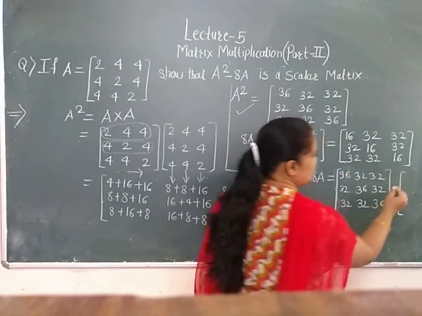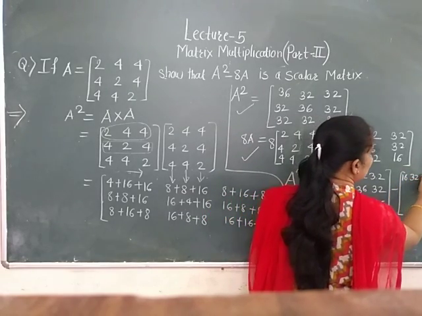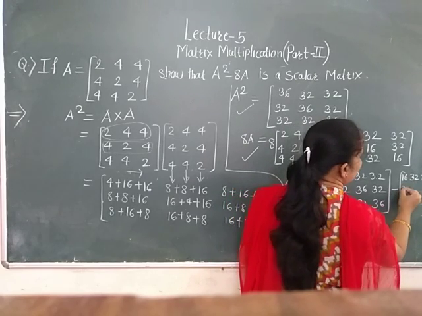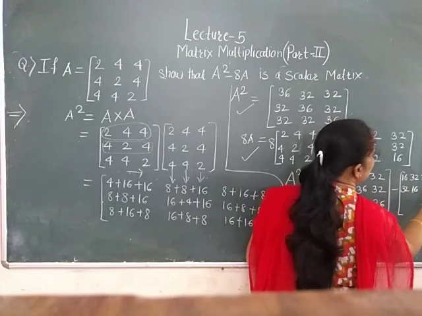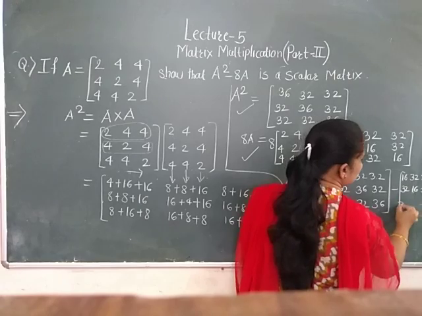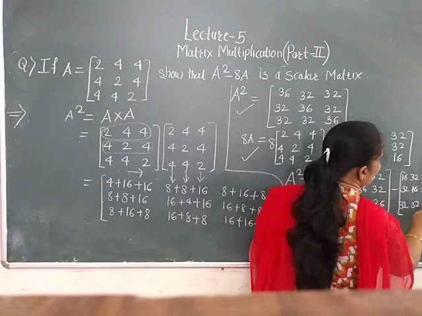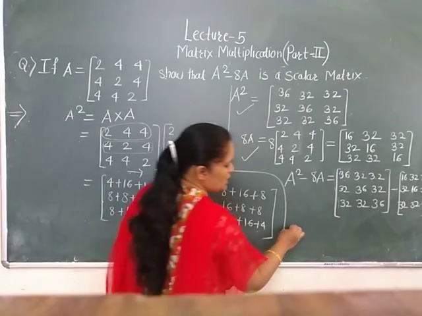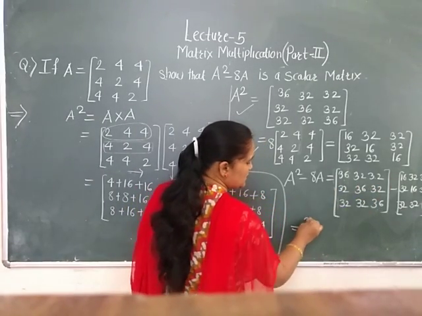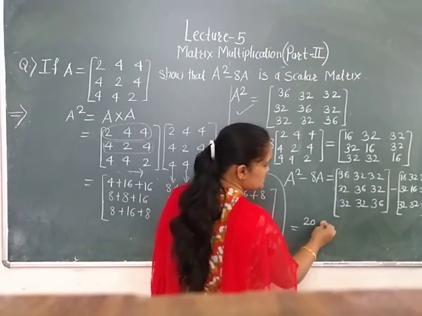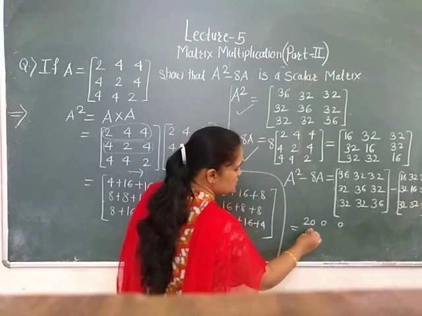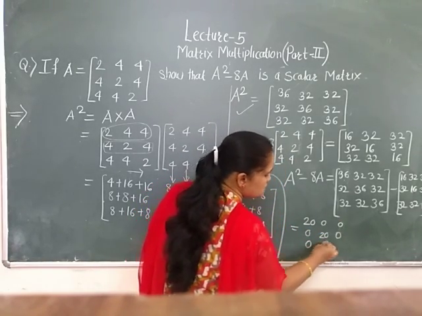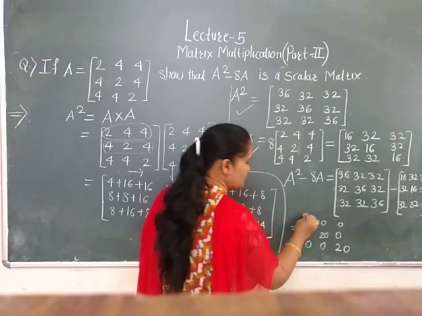I will write this matrix 16, 32, 32, then 32, 16, 32, 32, 32, 16. Now simple subtraction is there. 36 minus 16 gives you 20. 32 minus 32, it is 0. 0, 20, 0, 0, 0, 20.